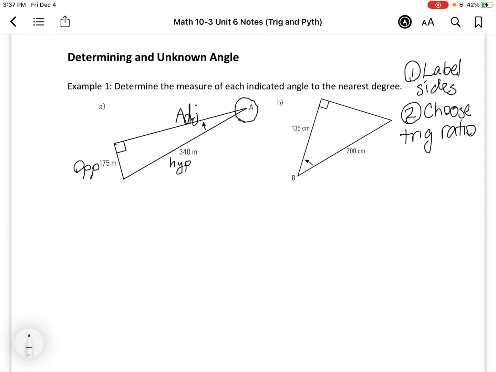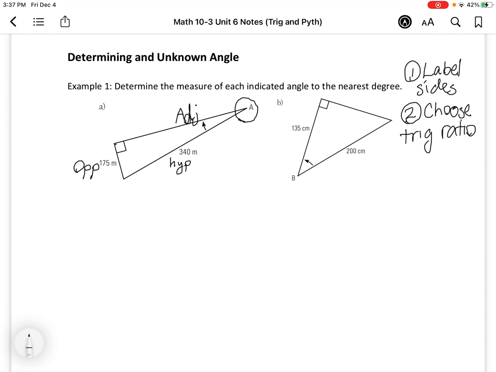Sine theta, the angle is theta, equals opposite over hypotenuse. Cosine theta equals adjacent over hypotenuse. Tangent theta equals opposite over adjacent. So they all have 3 unknowns. To solve an equation, you need to know all but one. So in this case, you need to know 2 out of 3.